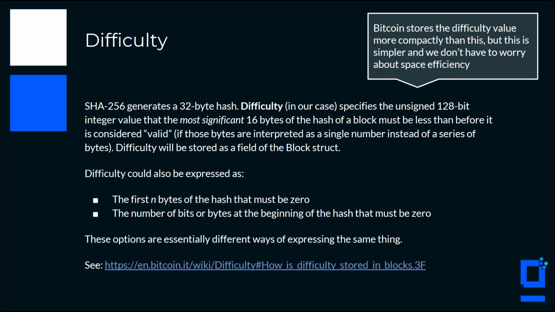So here is a little more in detail what difficulty is going to look like. When you hash a block with SHA-256, you get a 32 byte hash. Now, let's say we interpret that hash as a number, and we're actually just going to take the first 16 most significant bytes and interpret those as a number.